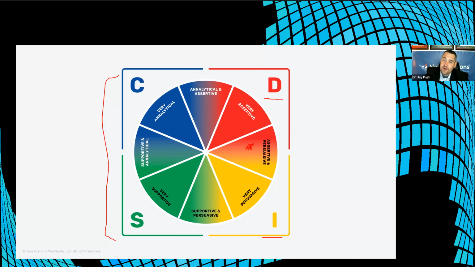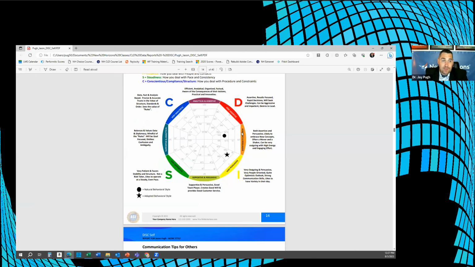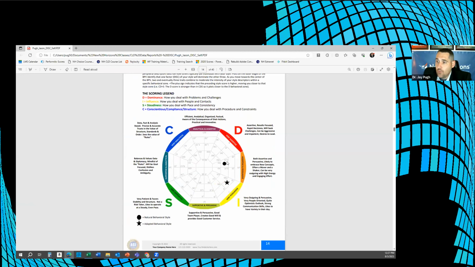Do you know what's really fun about this, folks? What the DISC assessment and these DISC workshops allow us to do is take the assessments beforehand, and it comes with this massive, comprehensive report. It's about probably 40 pages. However, one of my favorite pieces of this is understanding where you sit on the wheel.